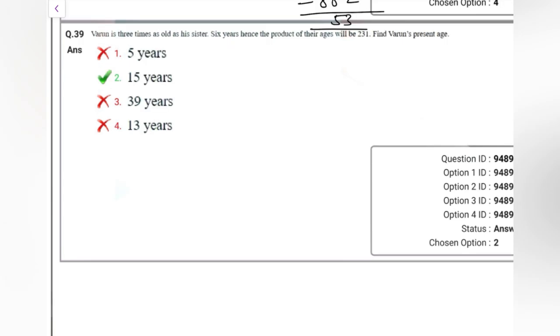Varun is 3 times as old as his sister. 6 years hence the product of their ages will be 231. Find Varun's present age. Let sister's age be equal to x.